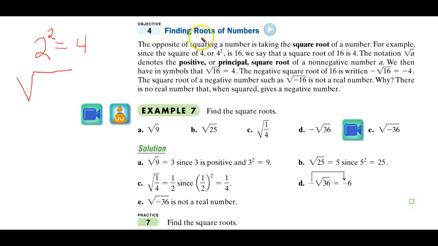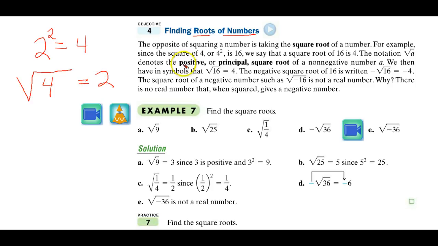So when we're asked to find roots of a number, we're asked, let's say, to find the square root of 4. Well, that is, what factors times themselves give you a 4? Well, it's 2. So the square root of 4 is 2.